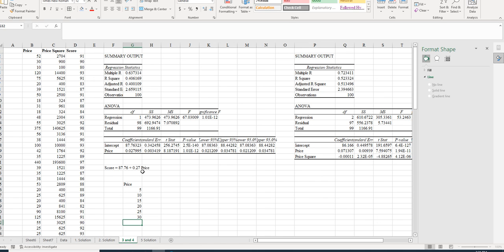Now let me implement it in the linear regression for score, which is equal to 87.76 plus 0.27 into price.